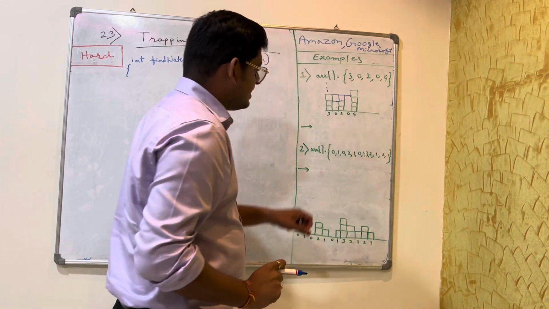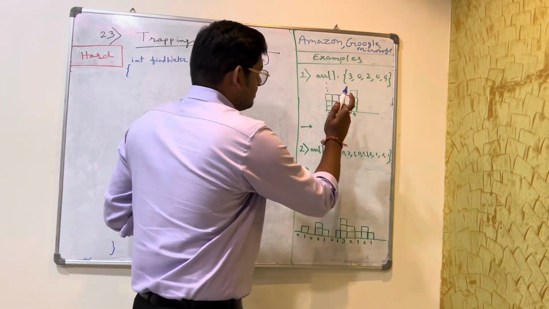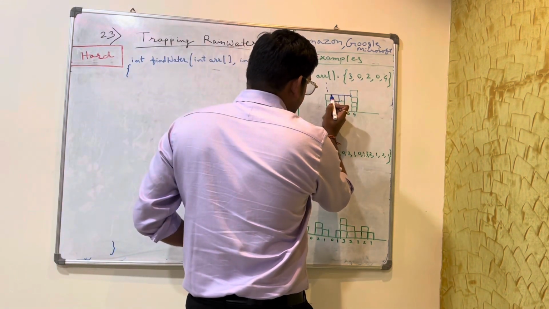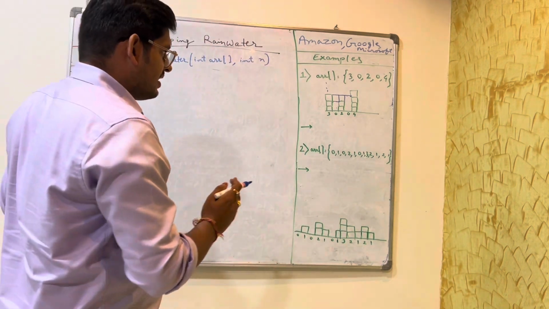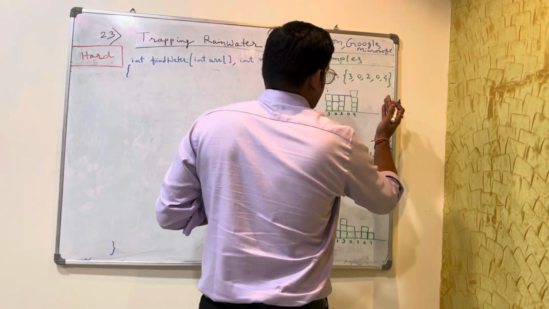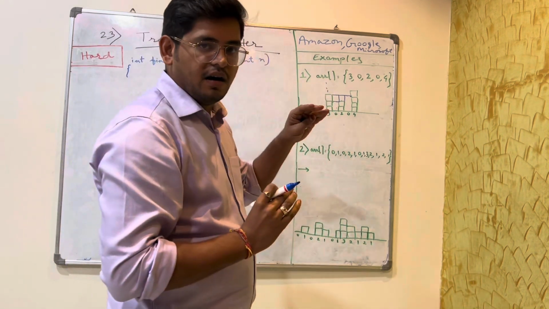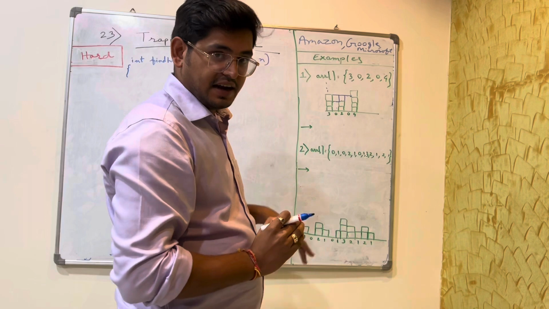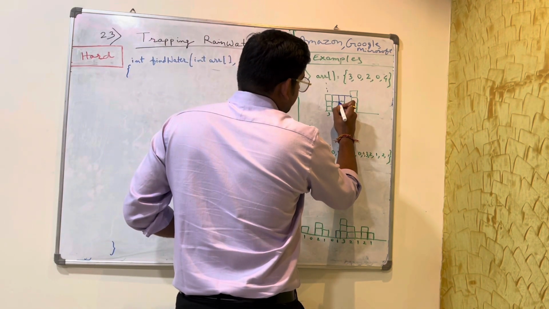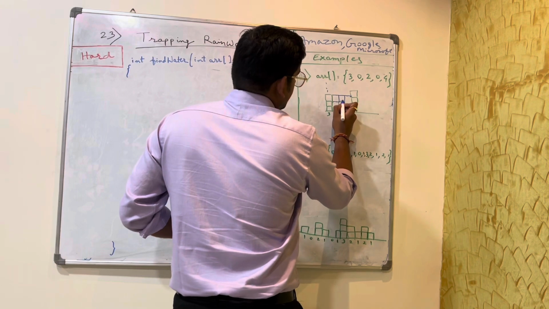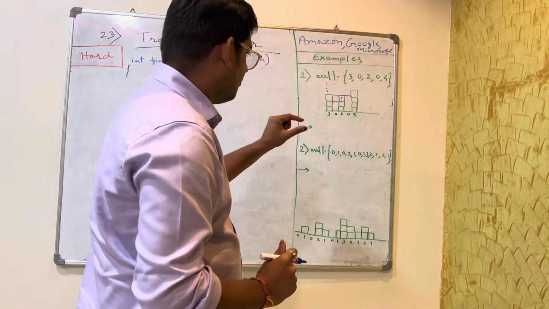So we can see the water it can trap is actually the minimum value present in its left part and its right part. The minimum of that is the height that it can take. Now it already has, for example, 2 bars here, so it can only take one bar value.